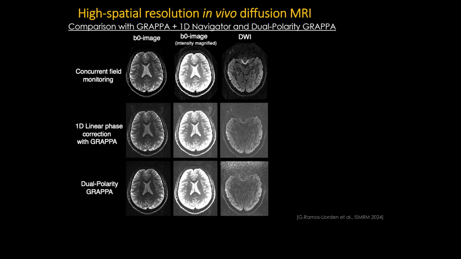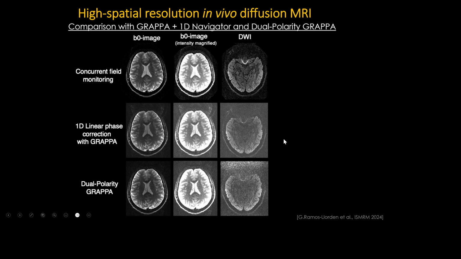So here we've demonstrated that with the concurrent field monitoring, we can recover higher fidelity diffusion weighted images at high spatial resolution. I believe these were done at 1 millimeter isotropic. These images are reconstructed with the field monitoring data from the clip-on probes.